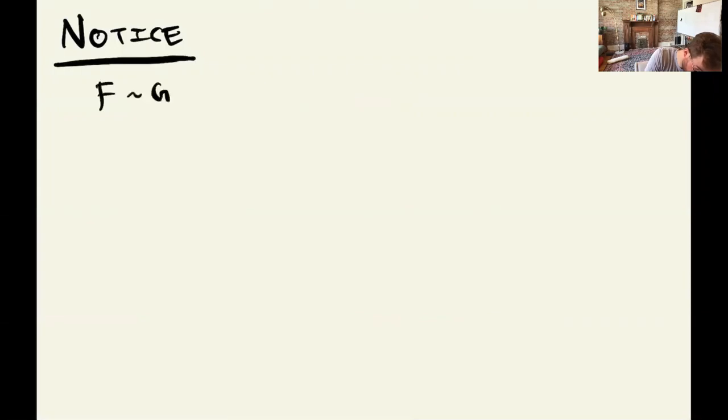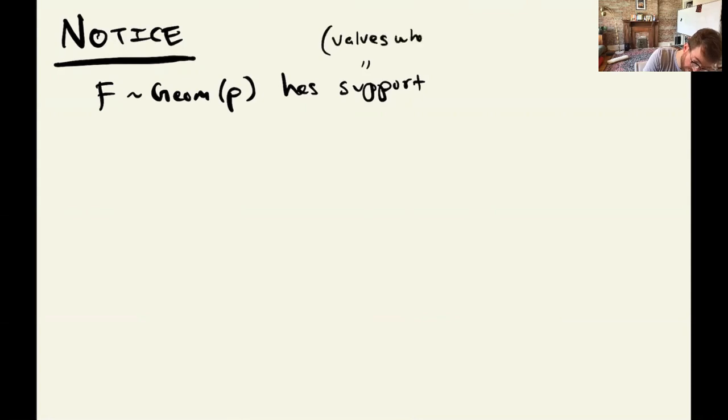So I'm just going to say that notice, if I do f, which is my geometric p distribution, it has support, and this is the places where the probability is non-zero.